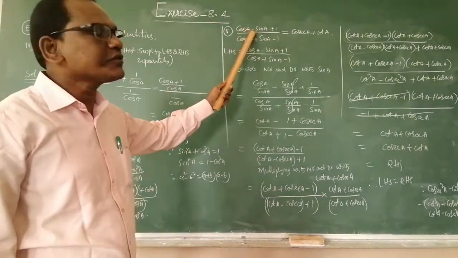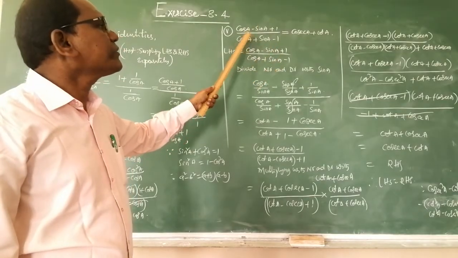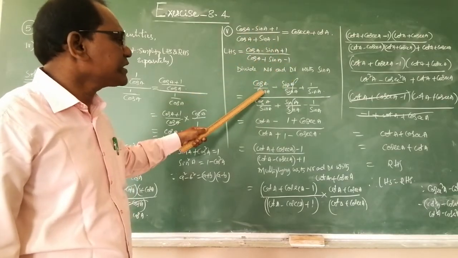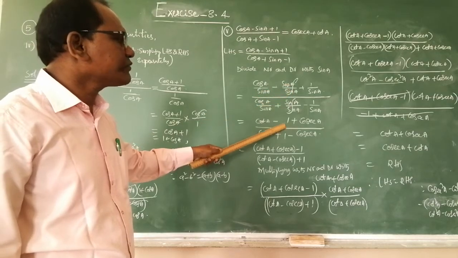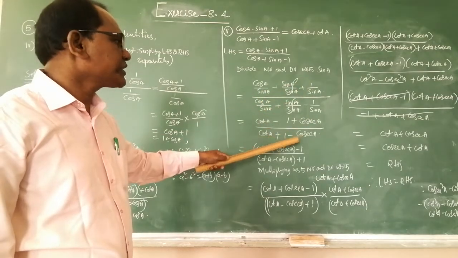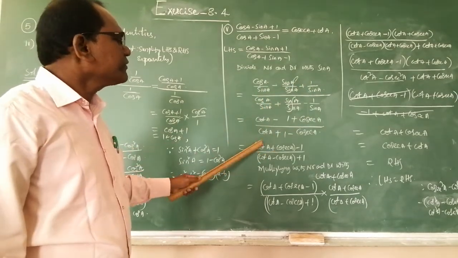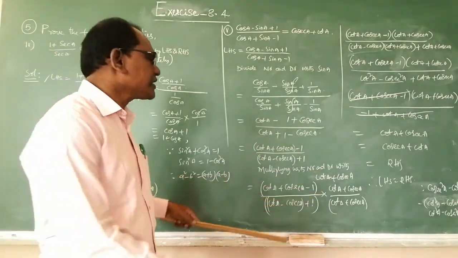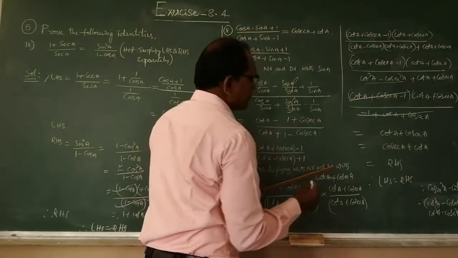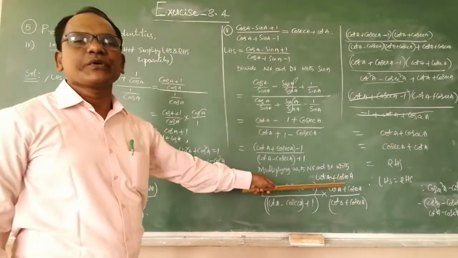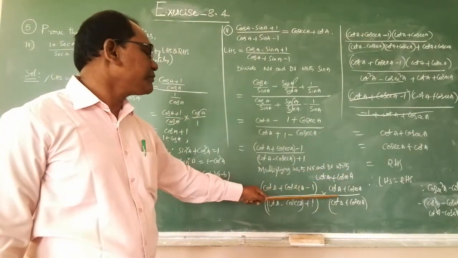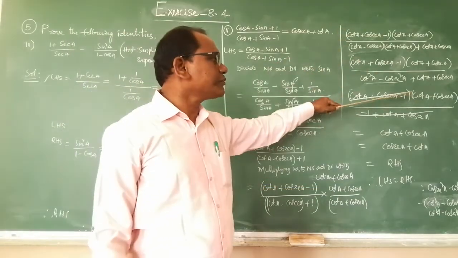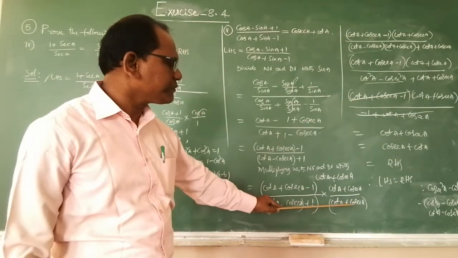For the given problem, we have to divide the numerator and denominator with sin A. Cos by sin means cot, sin by sin means 1, and 1 plus sin means cosecant. The denominator is the same like that. Then we multiply the numerator and denominator with cot A plus cosecant A. The numerator is as it is up to the end of the problem, and the denominator we have to multiply.